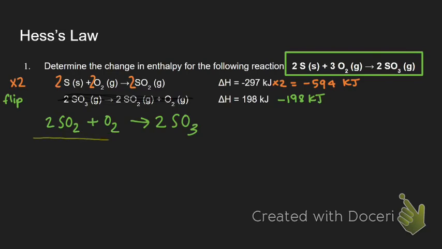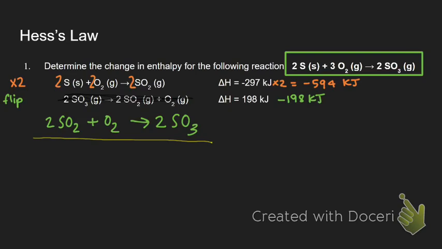Okay, so now let's see what we have. Okay, so once I flipped it, the sign changed. Now I can look to see if anything will cancel out. The way that things can cancel out is if they appear on the product side of one step equation or on the reactant side of another step equation.